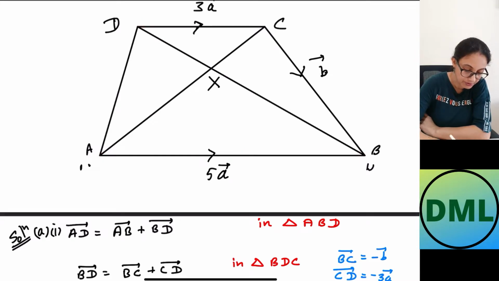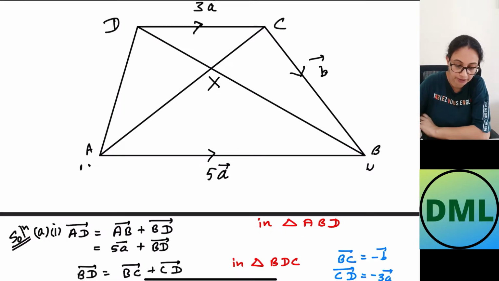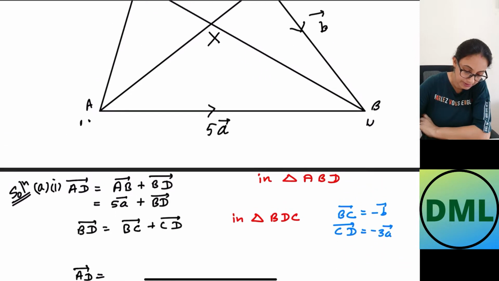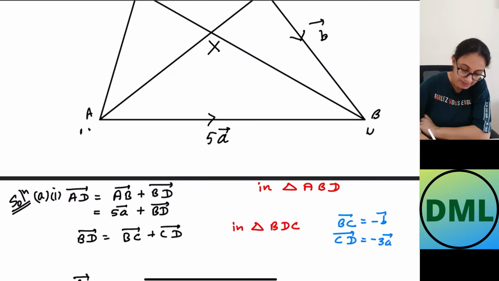So, if I substitute the value here, AB is 5 times of vector A plus BD vector, which I don't know up till now. So, I need to find out the vector BD. So, if I apply the triangle law in the triangle BDC, BD vector can be written as BC plus CD vector.